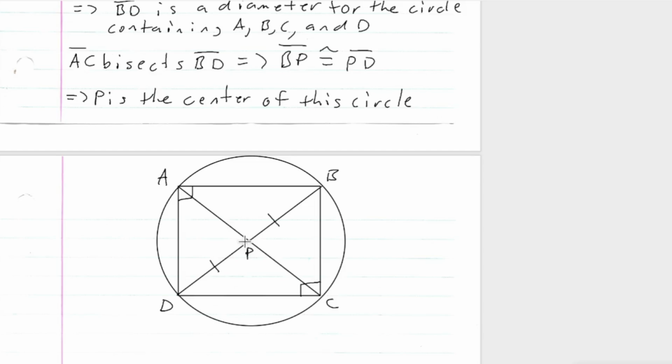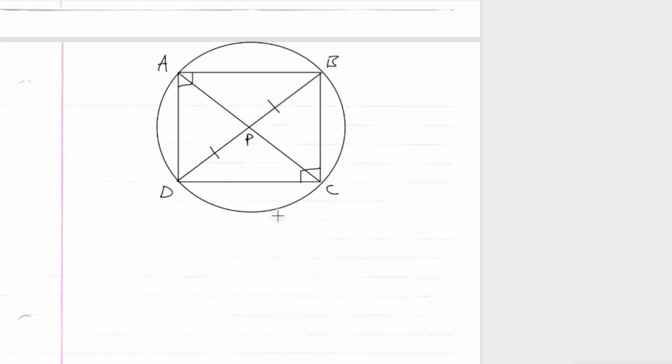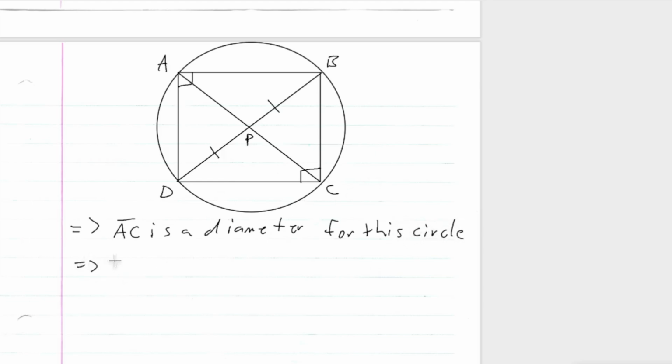So if P is the center, this implies that AC is a diameter for this circle, right?